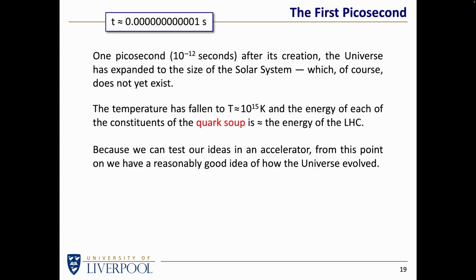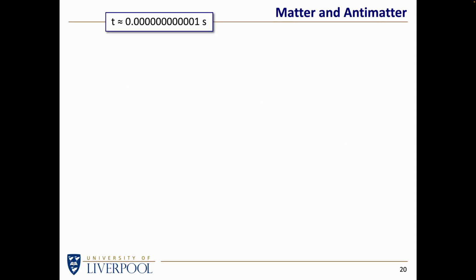We can make predictions and say, if this was the case, this is what we ought to be able to observe in the laboratory. And hence we have testable ways of saying this is not simply a hypothesis, this is a theory which can be tested against observations. So from this point on, we have a reasonably good idea of how the universe evolved.